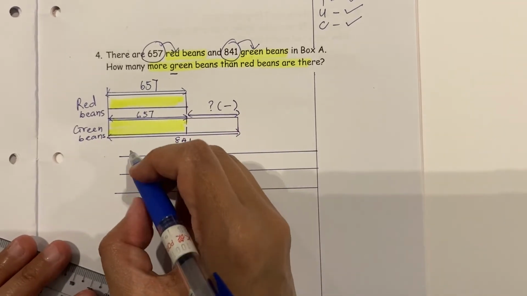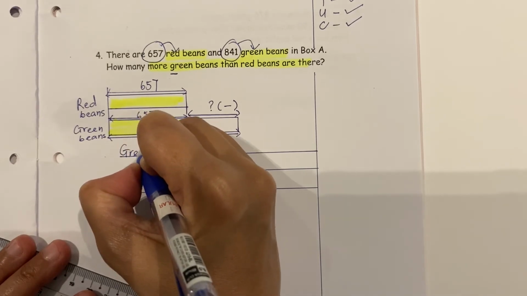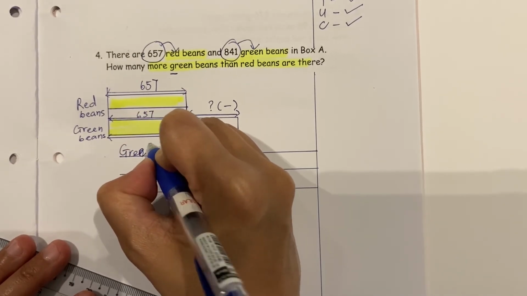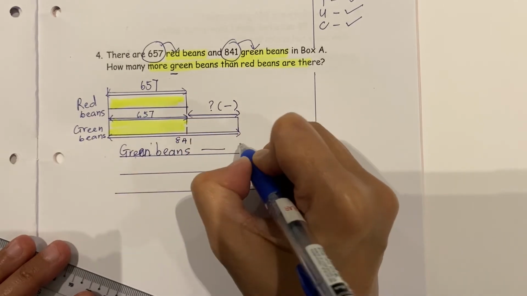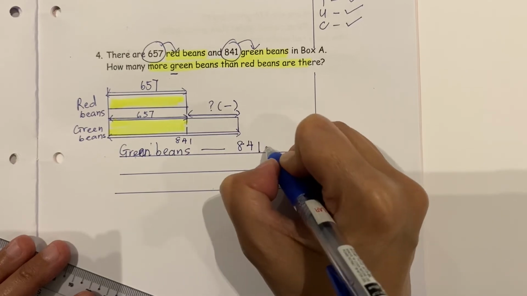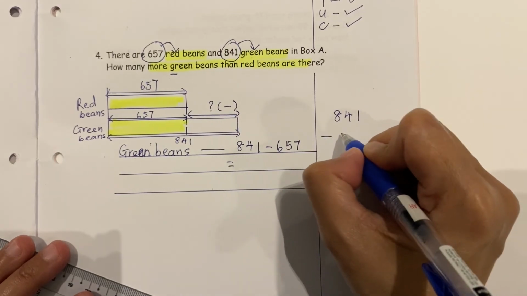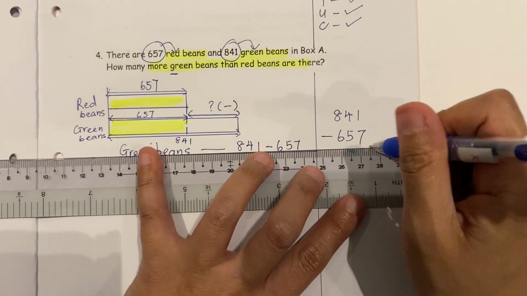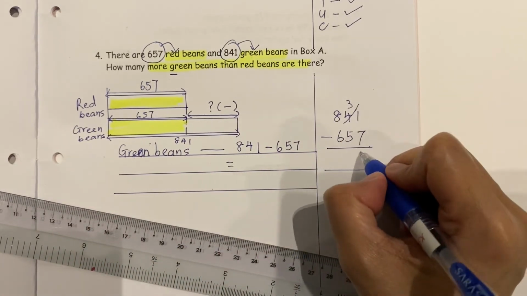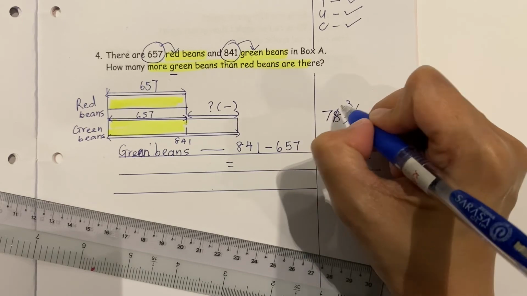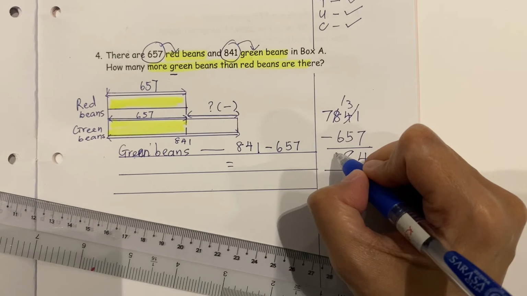Okay, so here we just write down green beans 841 minus 657. So 841 minus 657. So here will be 7, here will be 13, and here will be 1.